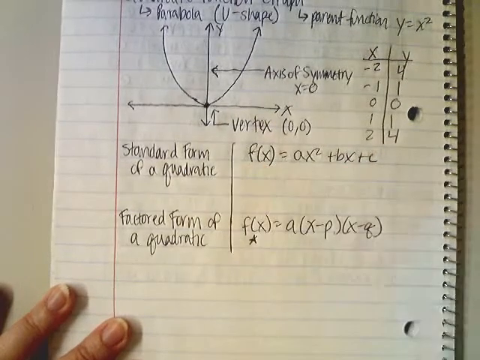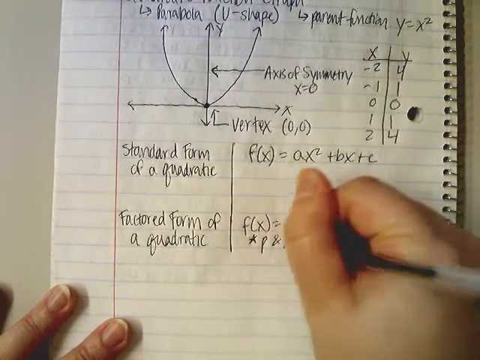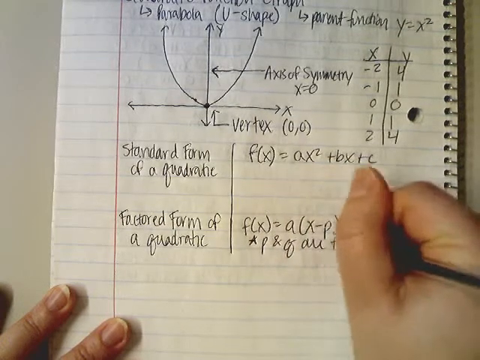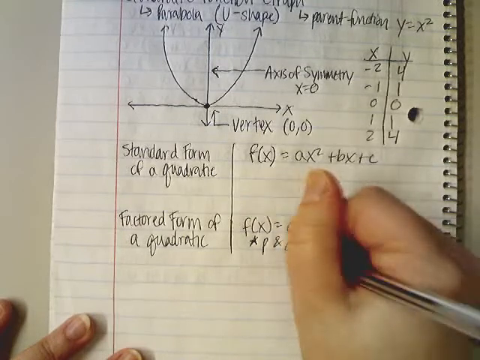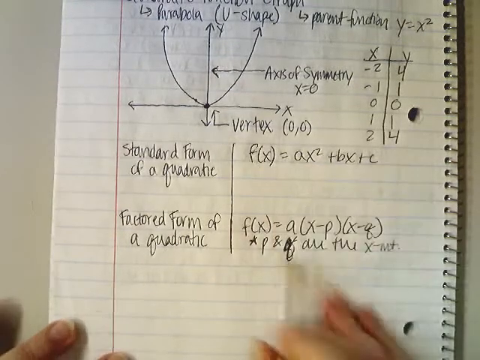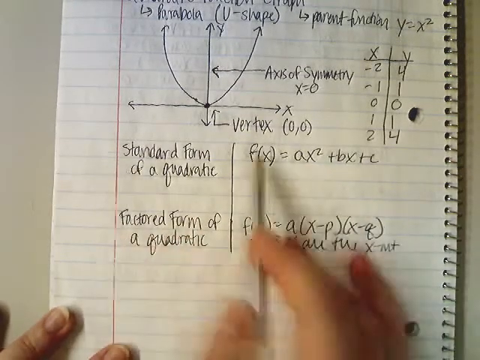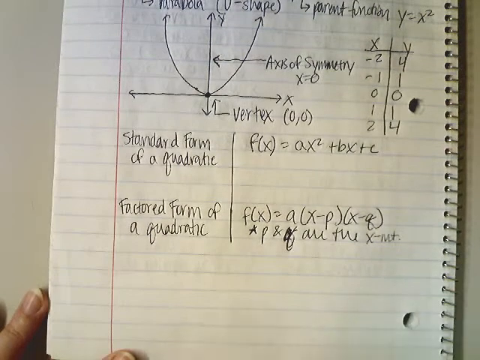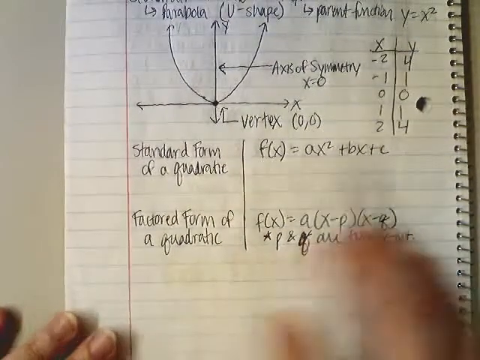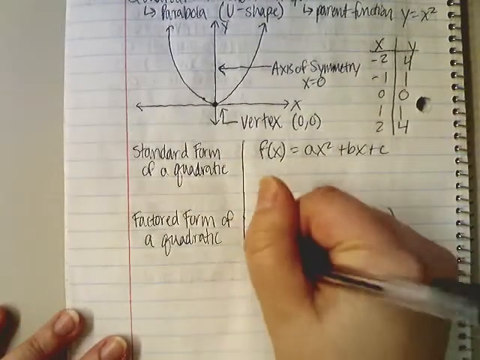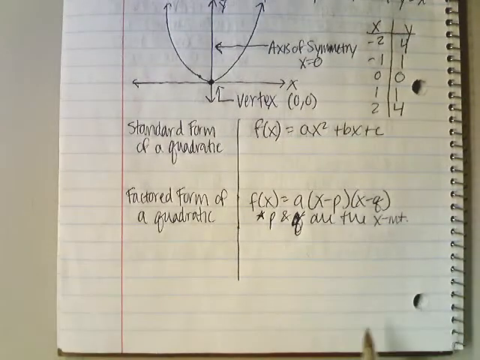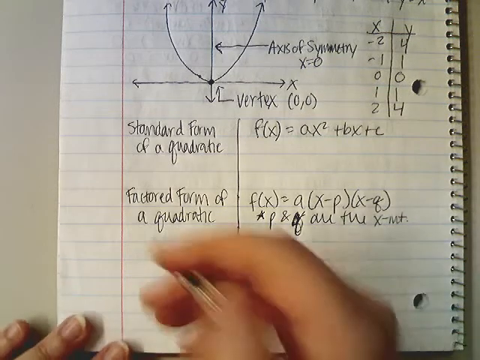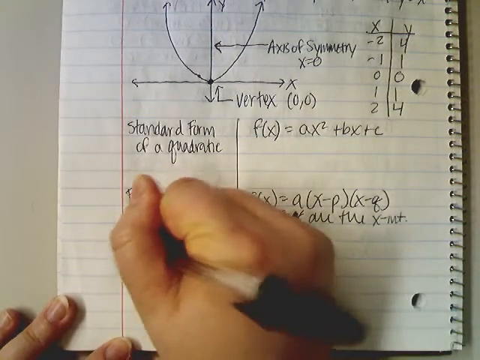And the thing here to note is p and q are the x-intercepts. We're going to spend more time on standard form later and talk about how we can get our information about our graph from that. But of our 3 different forms of a quadratic equation, we are today going to focus on vertex form.